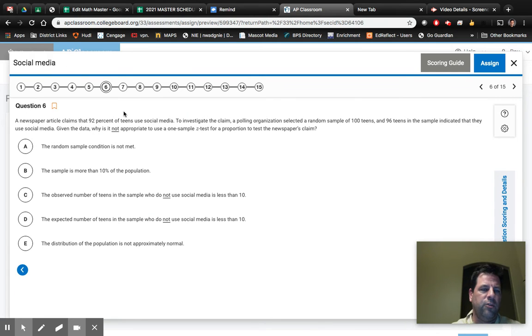Social media, number 6. A newspaper claims that 92% of the teens use social media. To investigate this claim, a poll organization selected a random sample of 100 teens. 96 indicated that they use social media. Given this data, why is it not appropriate to use a one sample Z test? The sample is random, so we're good there.